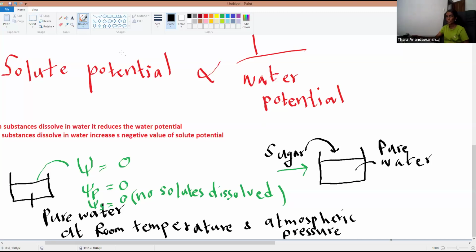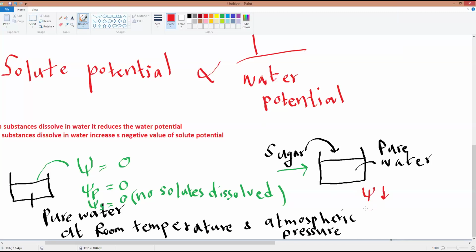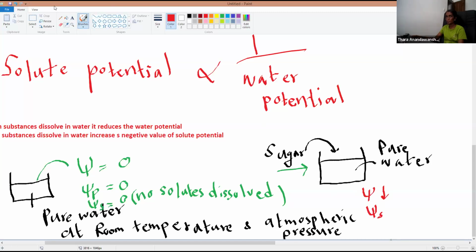So what will happen to the water potential and what will happen to the solute potential here? Water potential will be reduced. Am I correct? Yes, teacher. Psi S value increases.